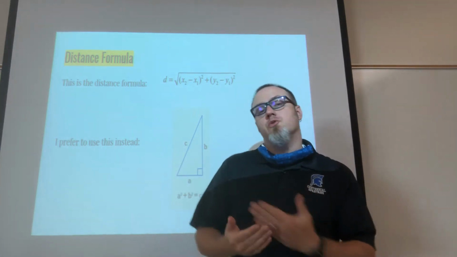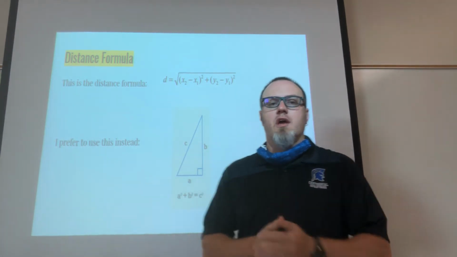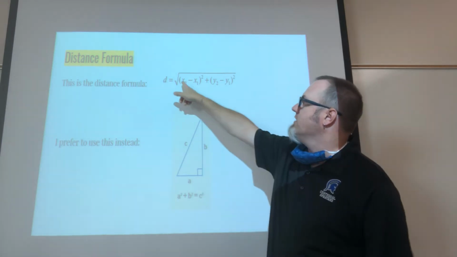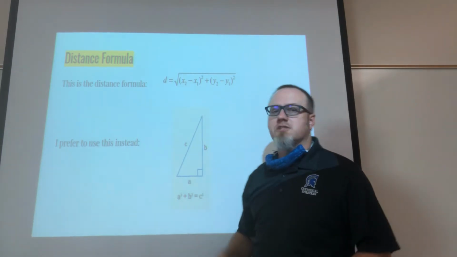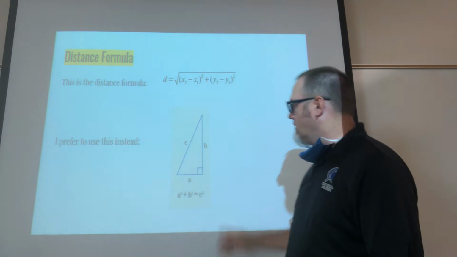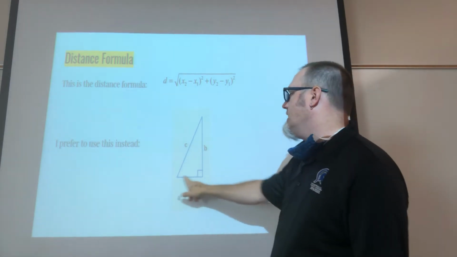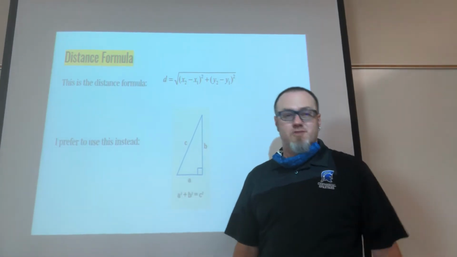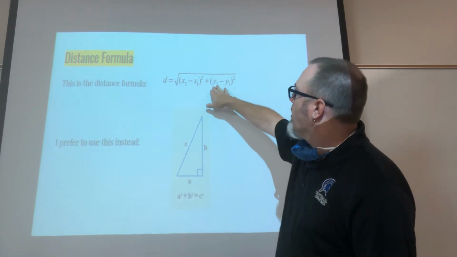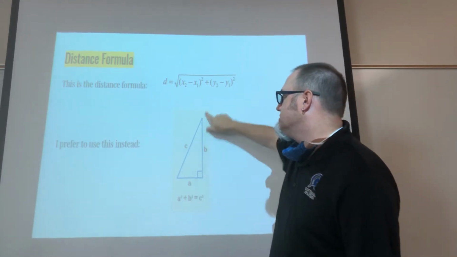I'm very used to triangles and working with triangles, and if you need distance, it's always this x2 minus x1 actually relates to our change in x. So if we're looking at this triangle down here, this A here would also be our change in x. The y2 minus y1 is the change in y.